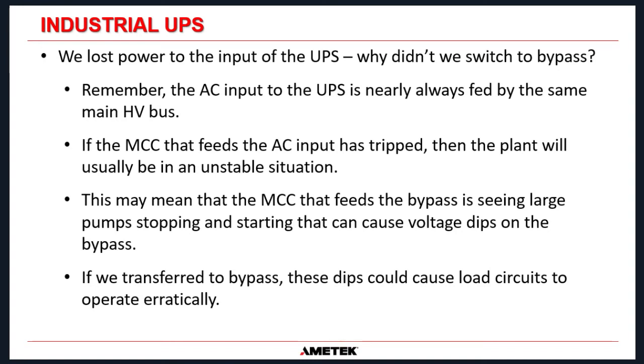It's in an unstable situation. And that may mean that the MCC that feeds a bypass is seeing also a large unstable situation, pumps stopping and starting that can cause voltage dips on the bypass. So if we transfer to bypass, these dips could cause the load circuits to operate erratically.